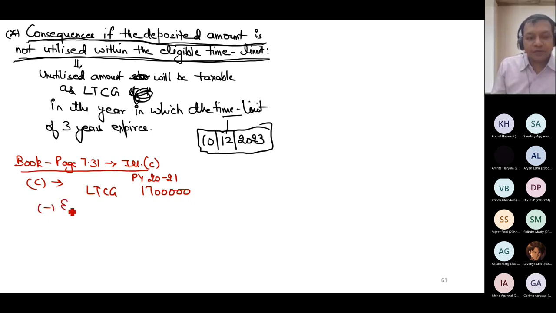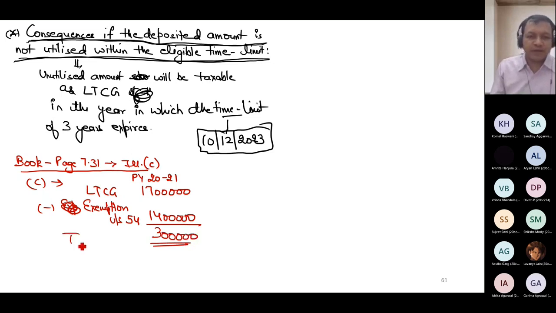I deposited 14 lakh, and on the basis of the deposit I got the exemption under section 54, and I ended that year with 3 lakh taxable gain. I only paid the tax on 3 lakh taxable LTCG.